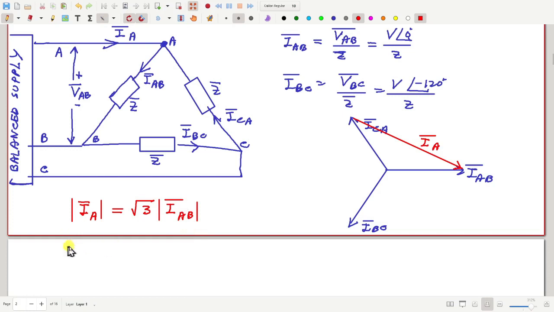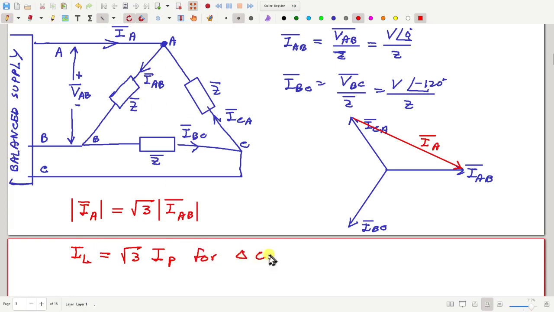So essentially here I will write the line current IL, L for line current, that means the current that flows through these transmission lines. So that is root 3 times the phase currents, which are the currents that flow through these individual nodes. Okay, this is for delta connection.